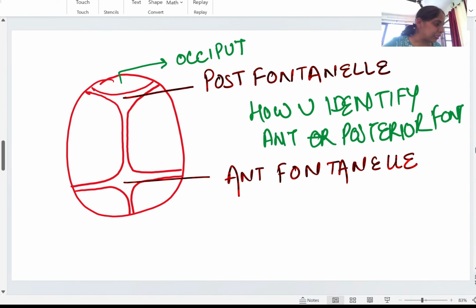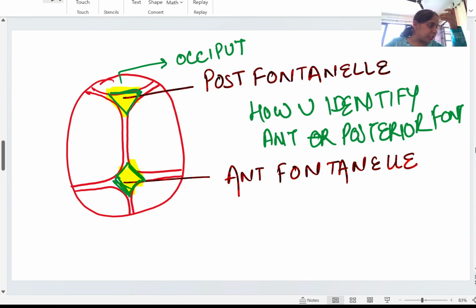The posterior fontanelle is triangular in shape, whereas the anterior fontanelle is quadrangular. Why is it quadrangular?